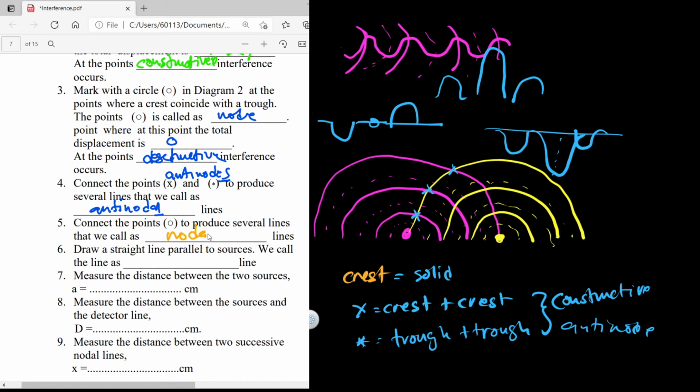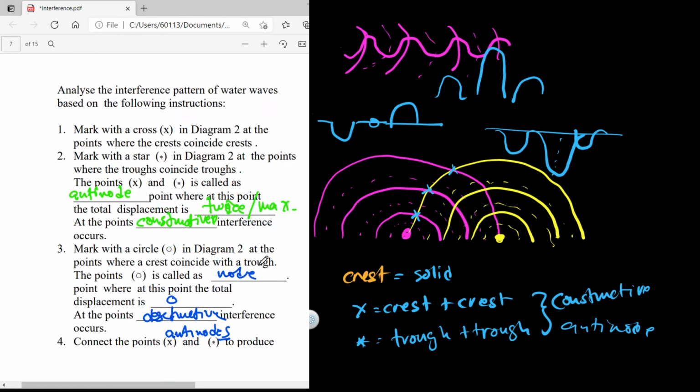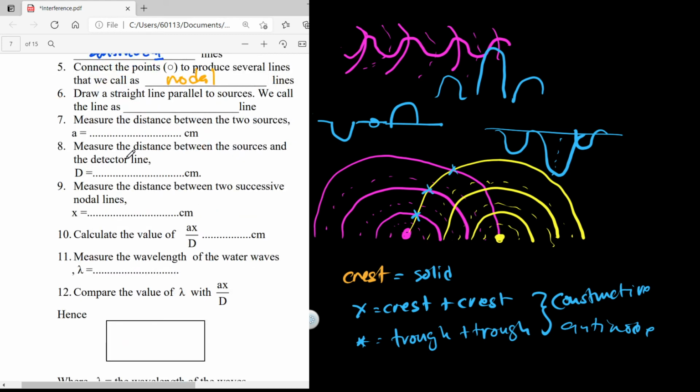Nodal lines. Next, draw a straight line parallel to the sources. We call this line the detector line. Measure the distance between the two sources.